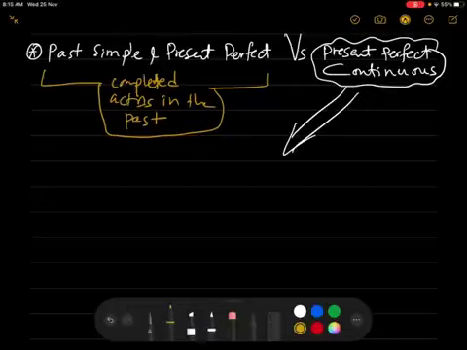So now you have full understanding of the difference between them.